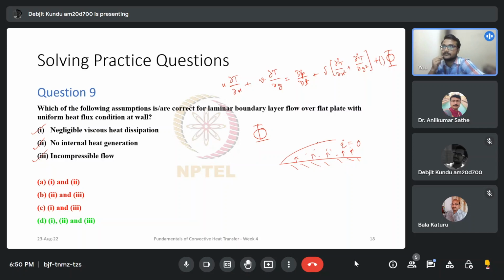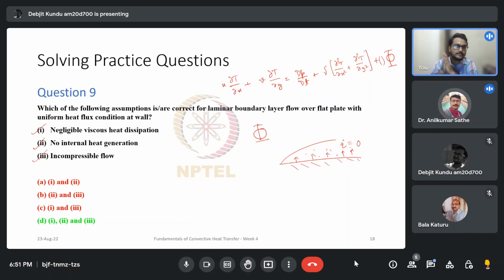If there are large velocity gradients, and there has to be a large mu as well, or the coefficient of viscosity. If both of them are large, that viscous dissipation creates some heat. So it's similar to rubbing our hands.